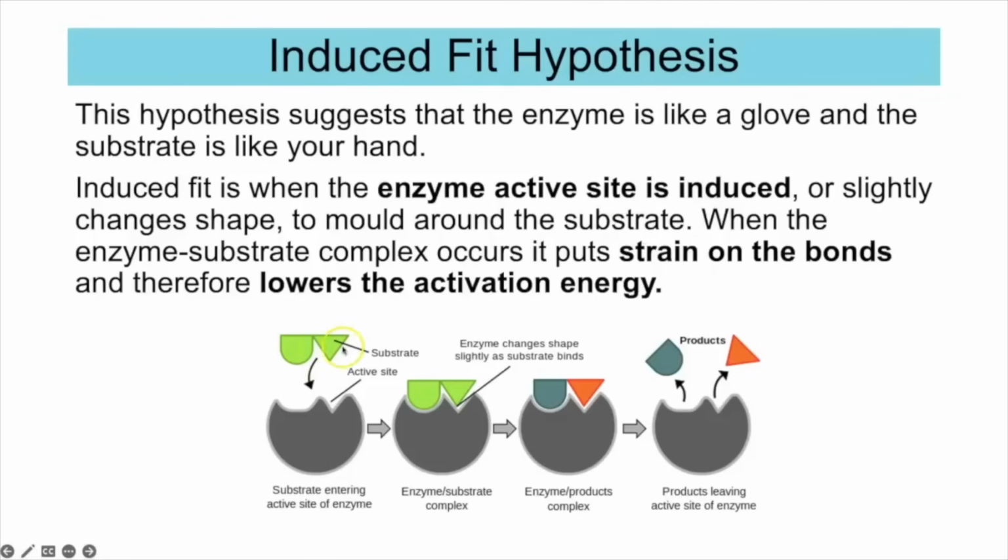So initially, the substrate and the active site aren't perfectly complementary in shape. But when the substrate collides into it, it induces that active site to mold around the substrate, and then it does become perfectly complementary. Now, when that happens, that enzyme-substrate complex occurring puts strain on the bonds in the substrate, and therefore it lowers the activation energy required to catalyze that reaction.